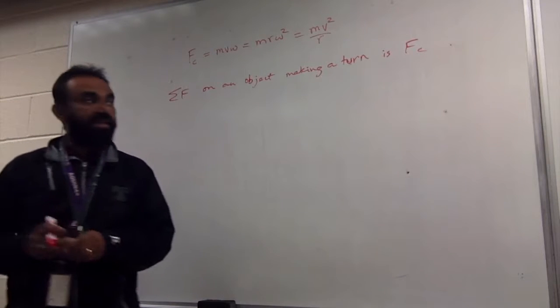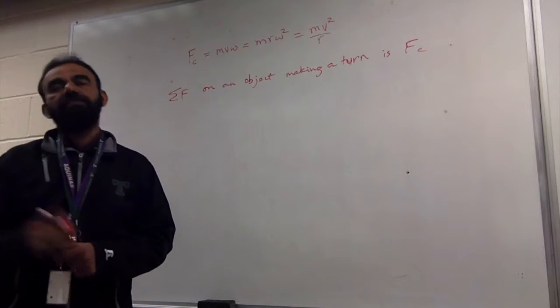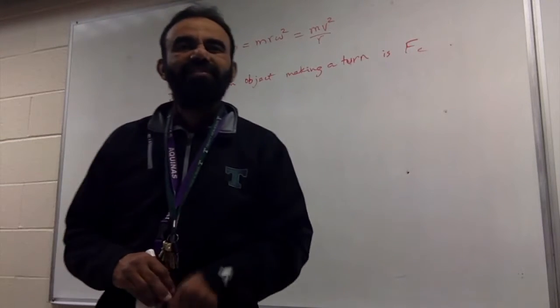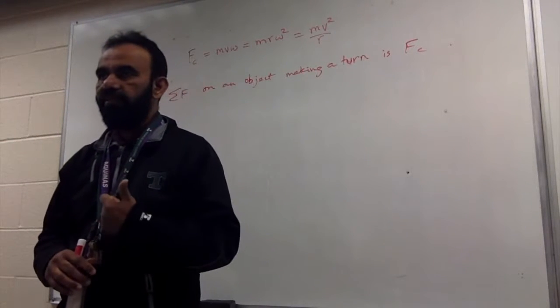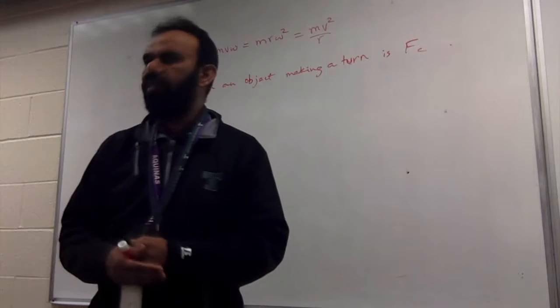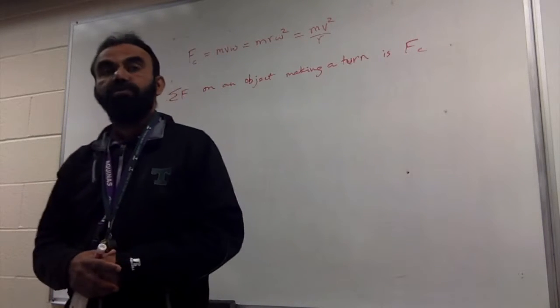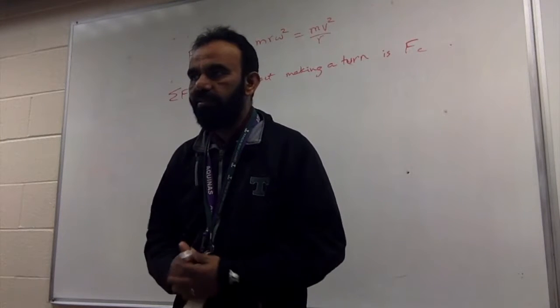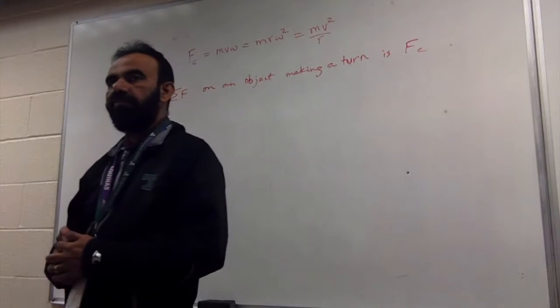The net force that's acting on an object is the centripetal force. So centripetal force is not a single force. You get it? Centripetal force could be provided as a result of 10 forces acting on a system. You get it?